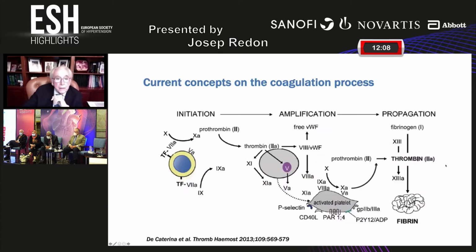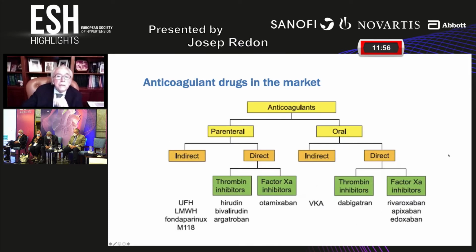Just a simple picture of the coagulation process, which has the initiation, the amplification, and propagation, and then the drugs that we have right now. Maybe we are going to speak about the oral anticoagulants.